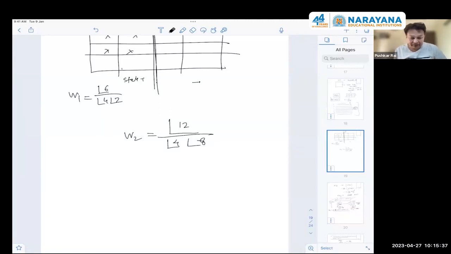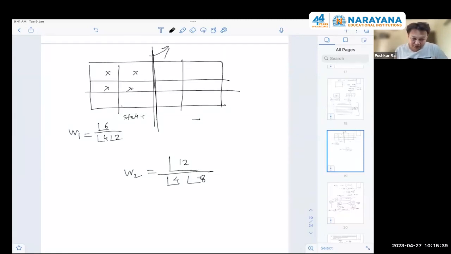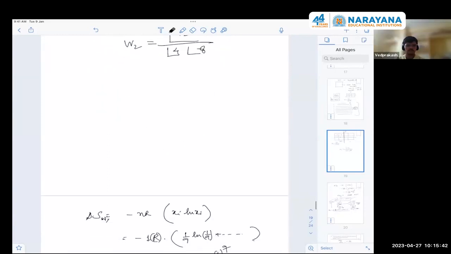Is that clear? Now you understand what W is? Yes, sir. So we have solved this question two ways. One was the macroscopic way.